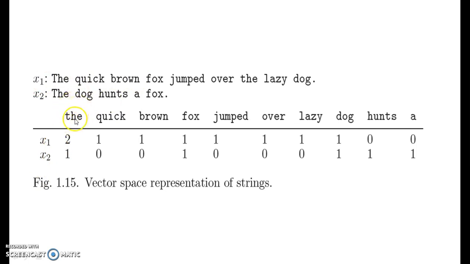The occurrence of the in the first sentence is twice, and all other words occur one time. Hunts and a we do not come across in the first sentence, not even once, so it's 0 0. Then we have x2, where a couple of things occur one time and others not even once at all.